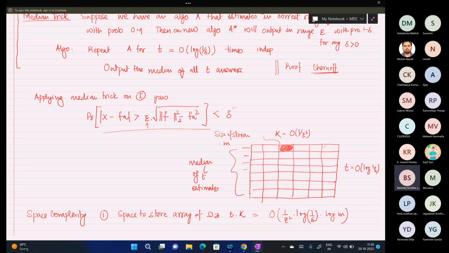Typically in streaming algorithms, our aim is to come up with an epsilon-delta approximation algorithm. So for the sake of completeness, I'll write the statement of epsilon-delta approximation, and then we'll stop.